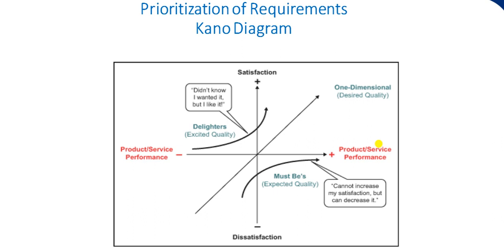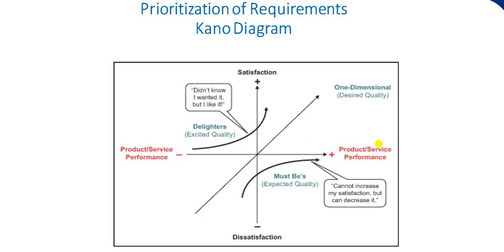The four broad categories are important: those which will create delight and surprise, the second is more is better, third is must be, and fourth category is better not to have. So this is how the Kano diagram will help you to prioritize the requirements.